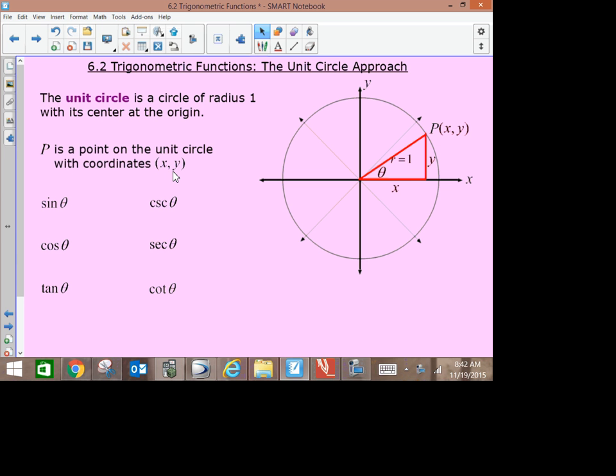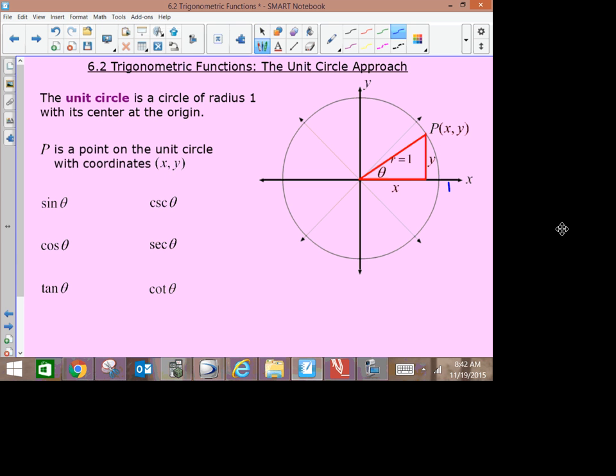You can see this is 1, this would be -1, up 1, and down -1. So the circle is centered around the origin. Point P is somewhere along there; I just randomly put it in the first quadrant.